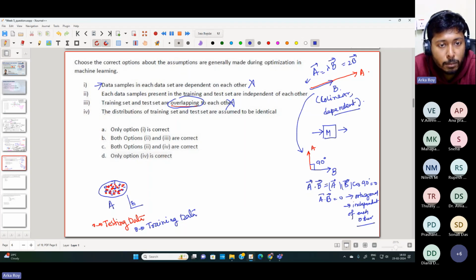So the next assumption is that the distribution of training set and test set is assumed to be identical.